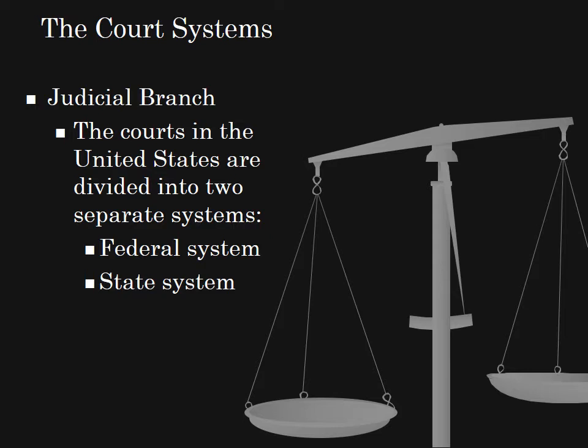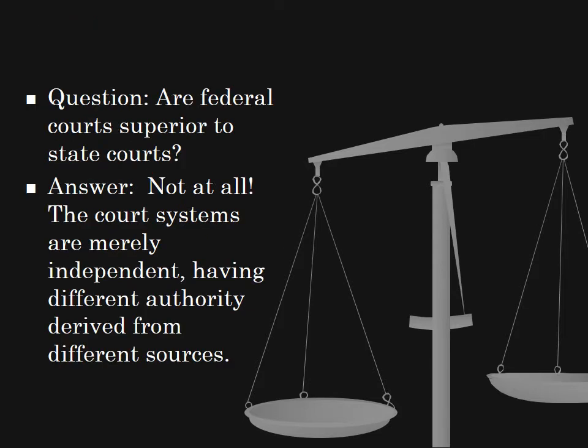In the United States, we are divided into 2 separate court systems. We have the federal system and the state systems. So that means that we have 52 court systems in the United States, one for each state and one for the District of Columbia, and then the federal system.